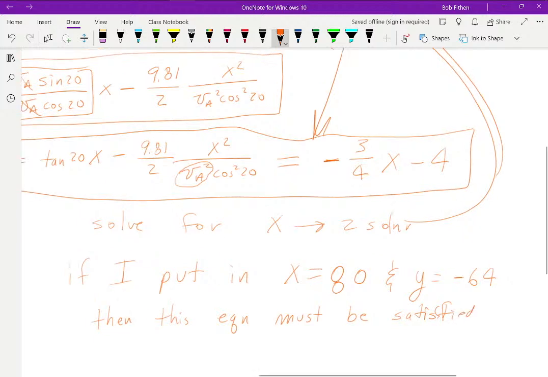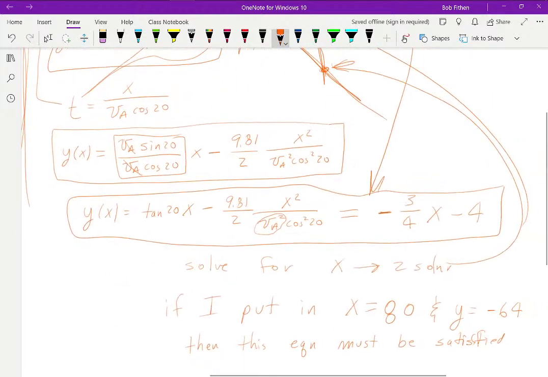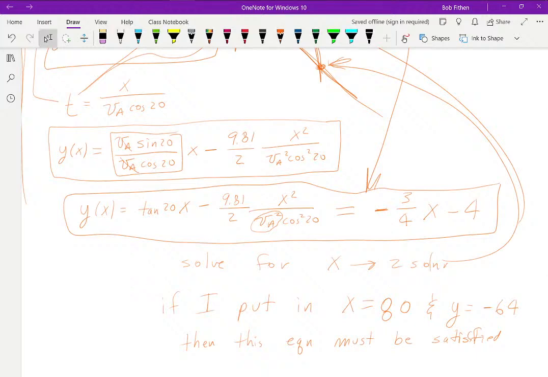Which means if I just came in here and did that, that would fulfill this, that would fulfill this, and that. And then I could extract out the v sub a. Not easily, but I'd have to move things over and get the v sub a.